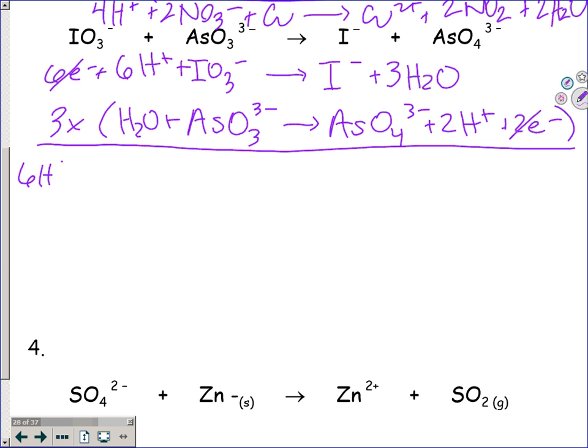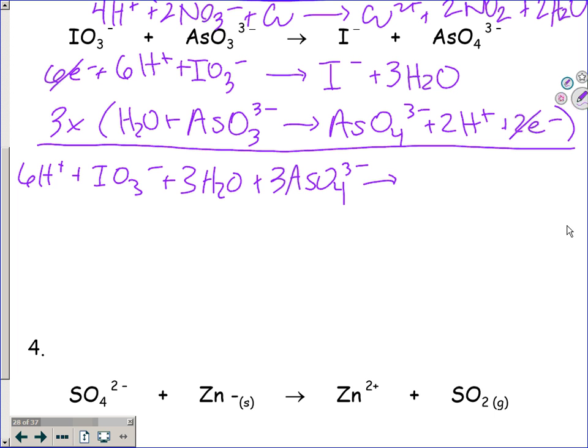So I've got 6 H pluses, 1 iodate, 3 waters, 3 arsenates, yields an iodide, 3 waters, 3 perarsenates, and 6 H pluses. Whew.